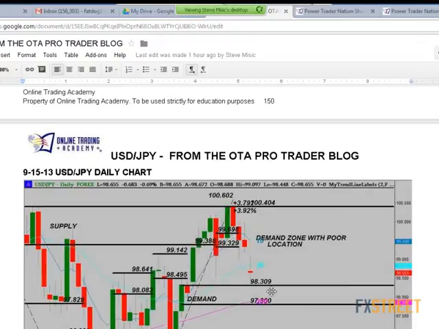Okay. So which is leading or lagging, the dollar versus the yen or the Nikkei? Well, I'll tell you what. You have to chart them side by side.